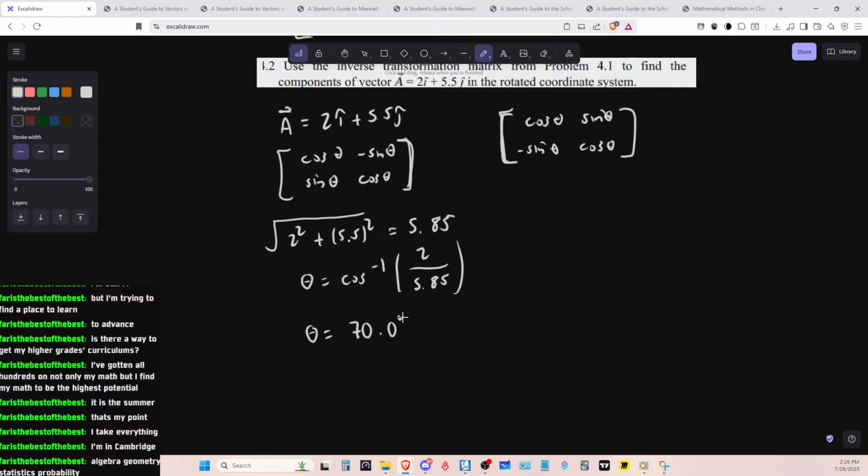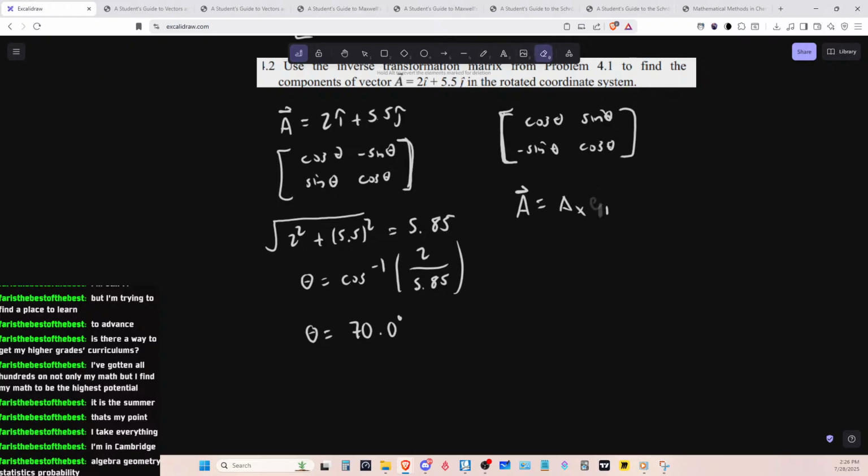Now, if I remember the way that these work, usually vector A would be represented by, let's see, A as the x component. Actually, that's going to be a little confusing.